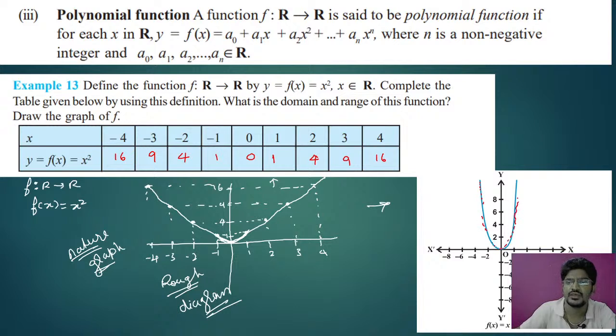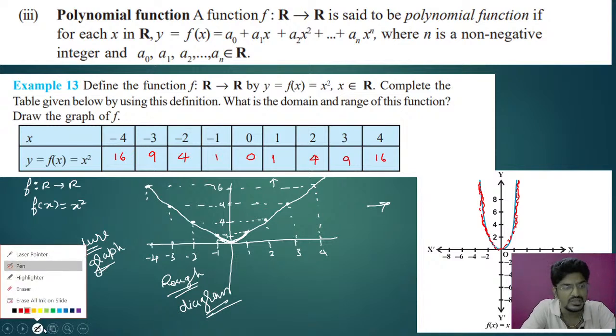So now from this, what can you tell? Can anyone tell me the range of this? Quickly tell me the range. If you tell the range, then you are on the right path.